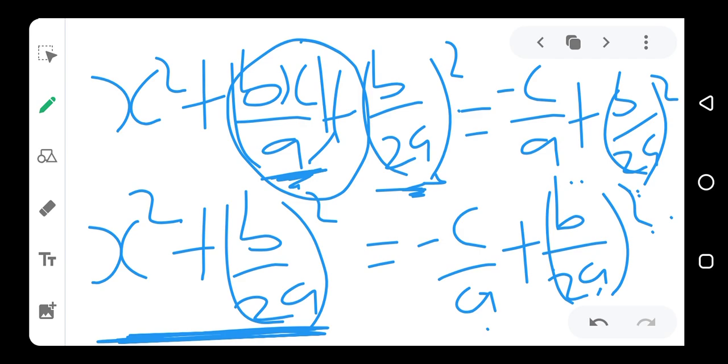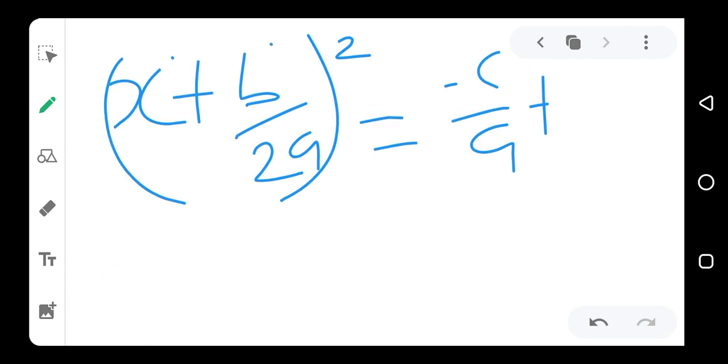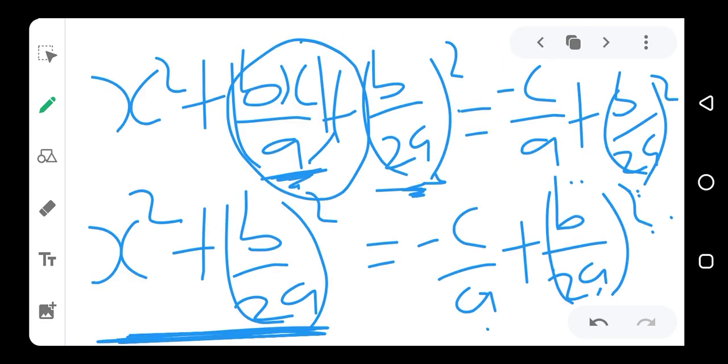So we are going to have b squared over 2 squared a squared. We square everything inside the bracket. You shouldn't just say 2a squared; it will square everything inside the bracket.